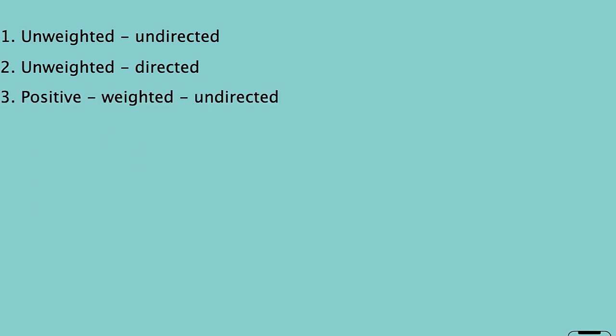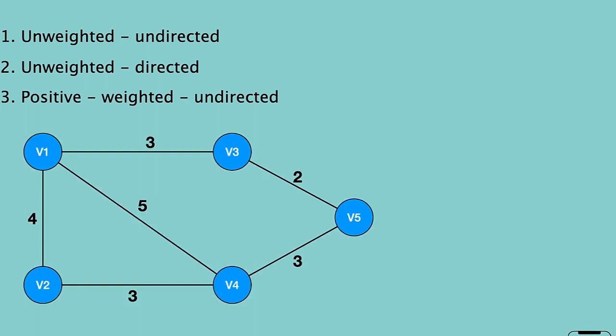Now let's continue to the next type of graph, which is positive weighted undirected graph. Now in this case, if graph edges have weights that are associated with them, this is called weighted graph. Now if these weights are positive numbers, we can call it positive weighted graph. And if edges do not have any direction with them, this is called undirected.